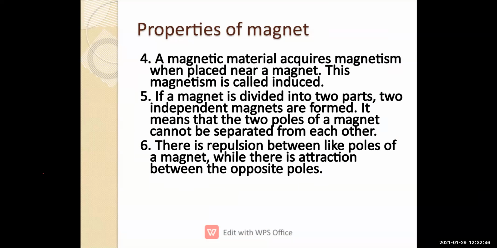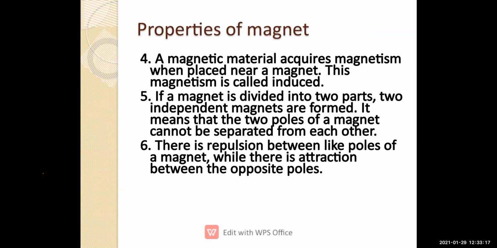But you can see this only until the magnetic power is there in the steel. This is a temporary magnetism in the steel rod, and this type of magnetism is called induced magnetism. This is only for a short time. When the magnetic power is gone from the steel rod, the iron filings will no longer get attracted towards the steel scale. This is the general example I have given you.